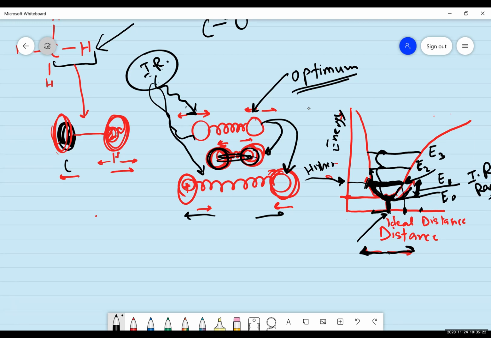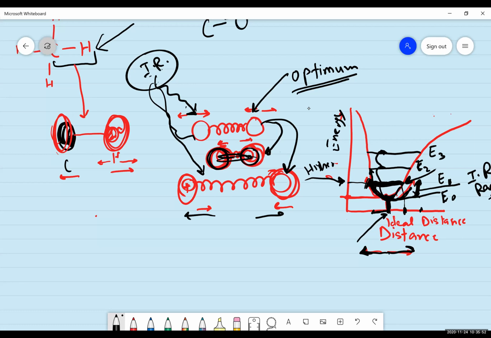If the bond is compressed, the atoms come closer, which causes repulsion, and the energy of the system goes up. That's an unstable system. If the bond is expanded, even then the energy of the system goes up. That's also unstable. To go from a stable to an unstable level, the system needs energy, and that energy comes from the infrared radiation.